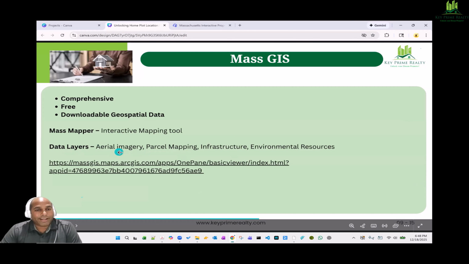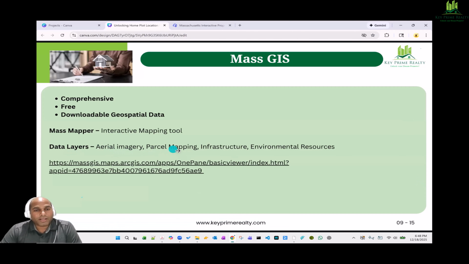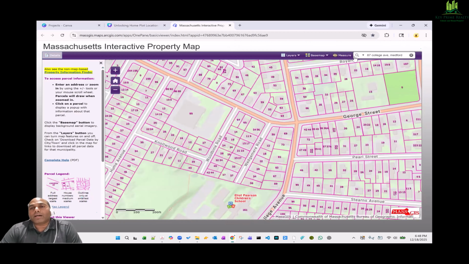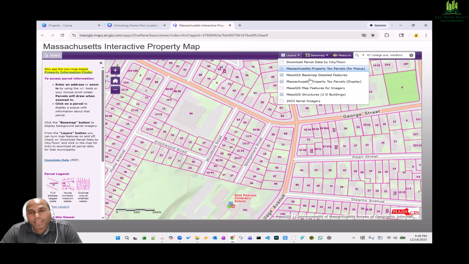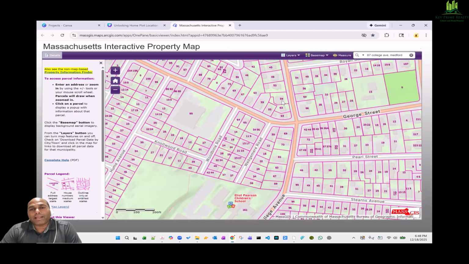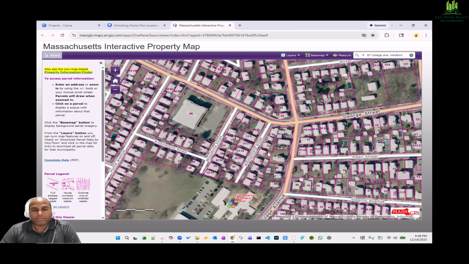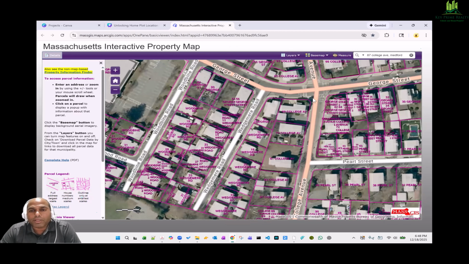Mass.js has various data layers, right? We have aerial imagery, parcel mapping, infrastructure, environmental resources. Actually, the layers are not here, but you can have some additional layers. If you add aerial imagery, then you see these are actual pictures taken through satellites, and the actual imagery has been overlaid.